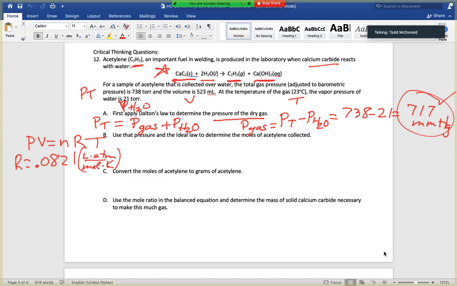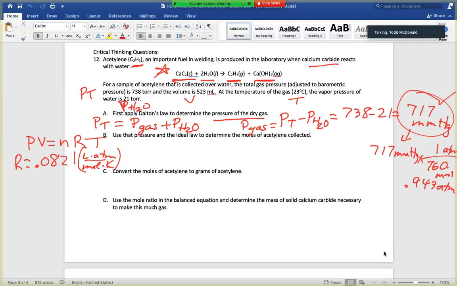So here's what I'm going to do. Out to the side, for this pressure, 717 millimeters of mercury, we need to get rid of that unit, so we're going to divide by 760 and multiply by 1 to get our atmospheres. So 717 divided by 760 gives us a pressure of 0.943 atmospheres. We're going to have to use that in our calculation.